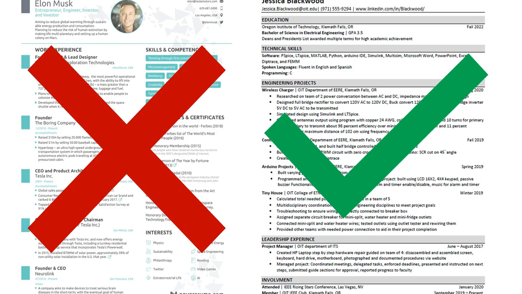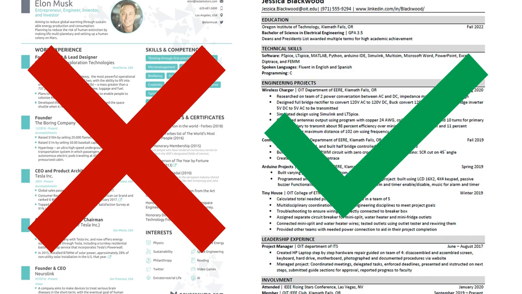Please, please do not design a resume like Elon Musk's here. First off, Elon Musk will never be applying to a job that requires an applicant tracking system. He is at a whole different level with the types of positions he would be going for, so he can have a fancy resume with all sorts of fun stuff embedded in it. You all are on a different level at this point in your careers.